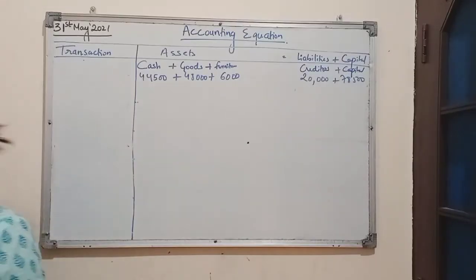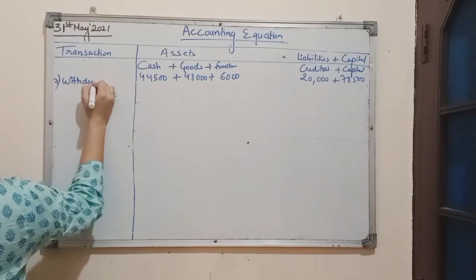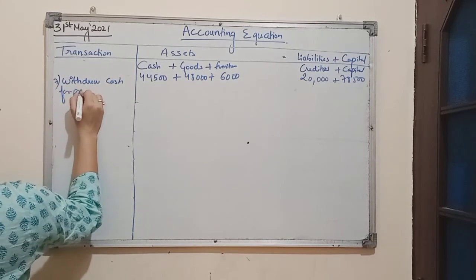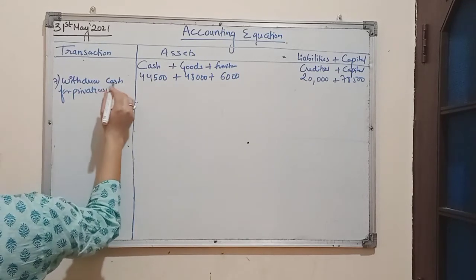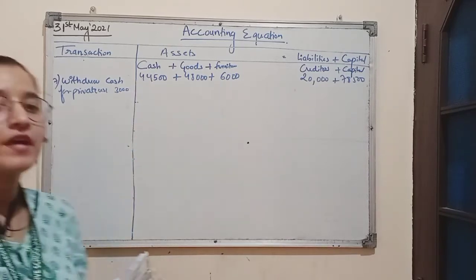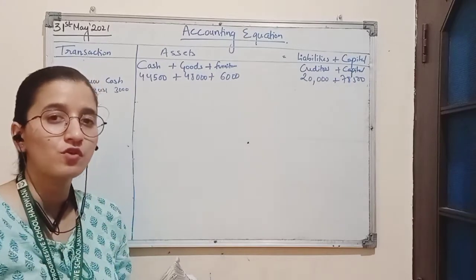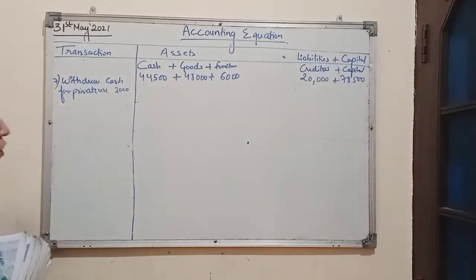78,500. Now the seventh transaction is withdrew cash for private use. Amount is rupees 3,000. So as we know, whenever cash is withdrawn or any goods have been withdrawn from the business fund, it is considered as drawings.